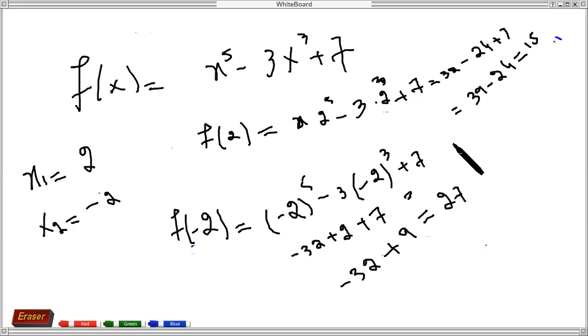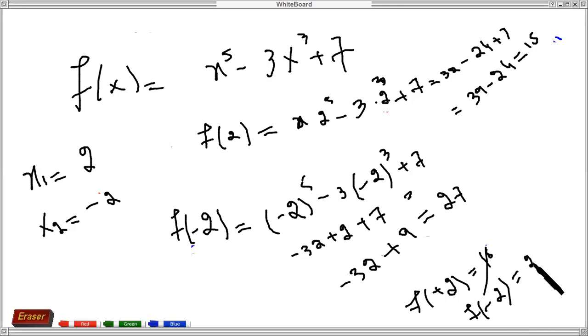You can see from first one, f of plus 2 was 15. But from minus 2, f of minus 2, result is 27. So these are totally opposite. What this means? These are neither even function nor odd function.